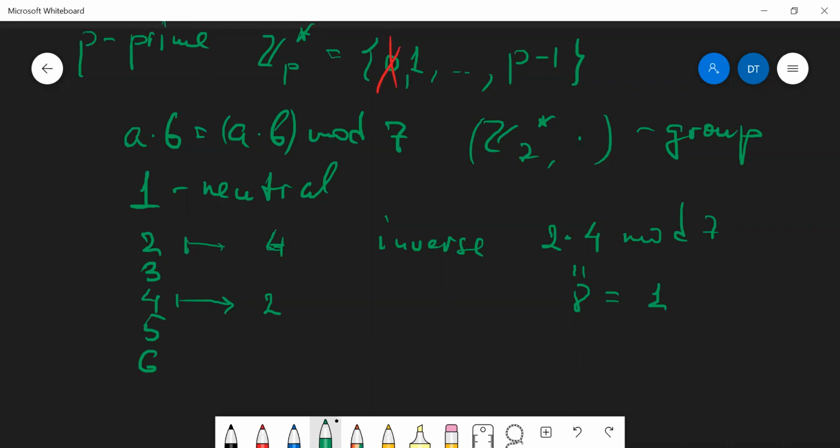No, I'm not asking you to prove that Z_P is a field. I'm just asking to compute the inverse element for each element from 2 to 6. Oh, okay. I see.